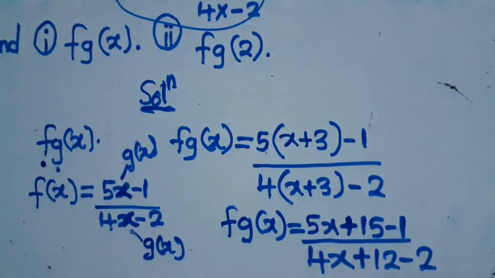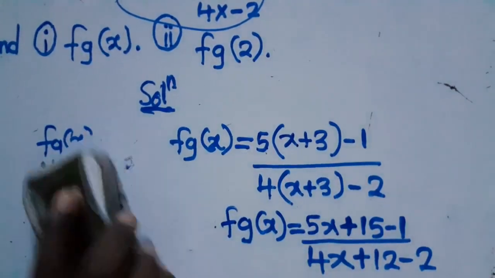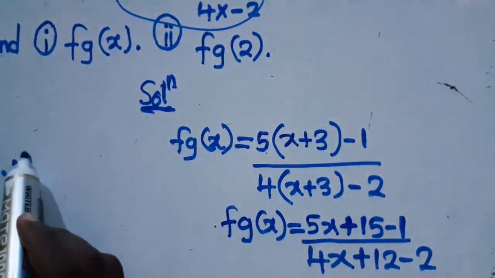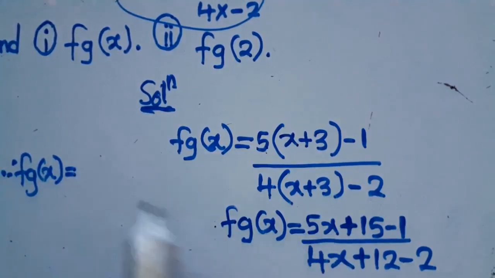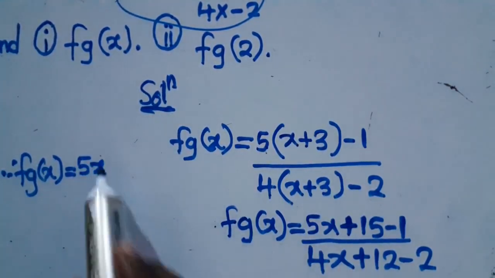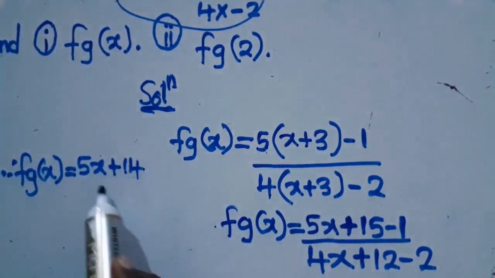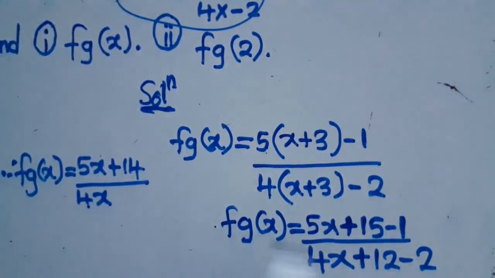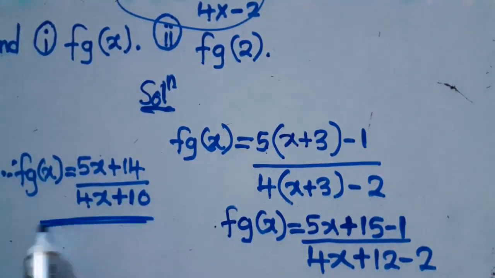Where I can now evaluate this and come up with my final answer. Therefore, fg of x is equal to 5x plus 14, since 15 minus 1 is 14, over 4x plus 10, since 12 minus 2 is 10. This is my answer. This is what you need to do.